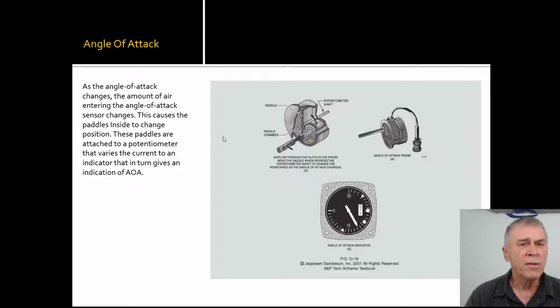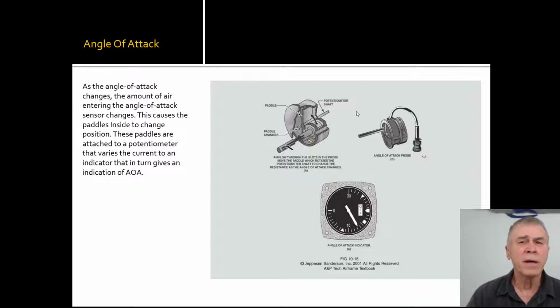As the angle of attack changes, the amount of air entering the angle of attack sensor changes. It's similar to the relative wind going into the pickup hole for the pneumatic stall warning device. Only this one is different. It doesn't have a reed inside it. It's got little paddles, which are moved by the wind.